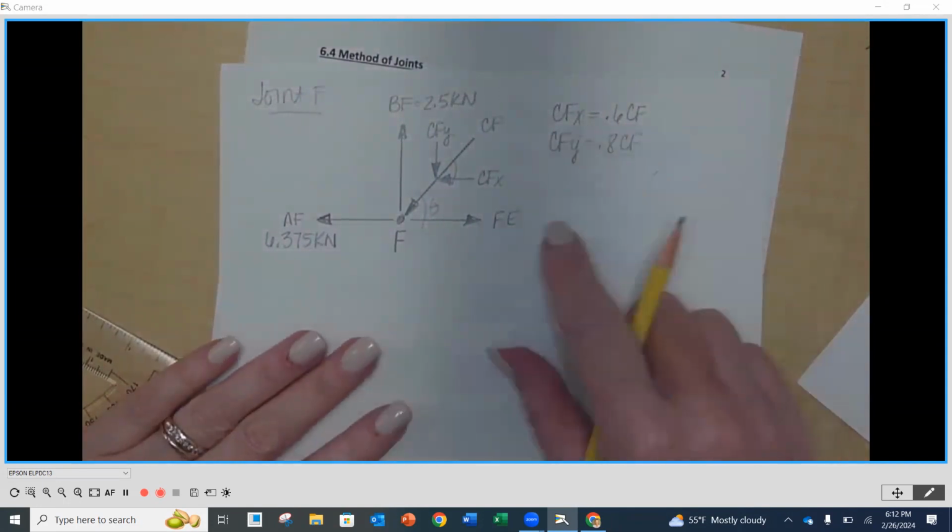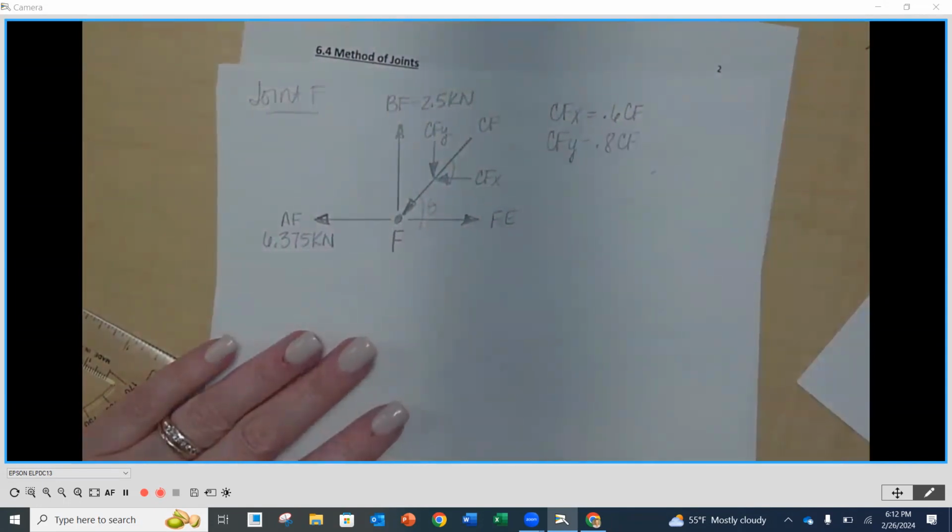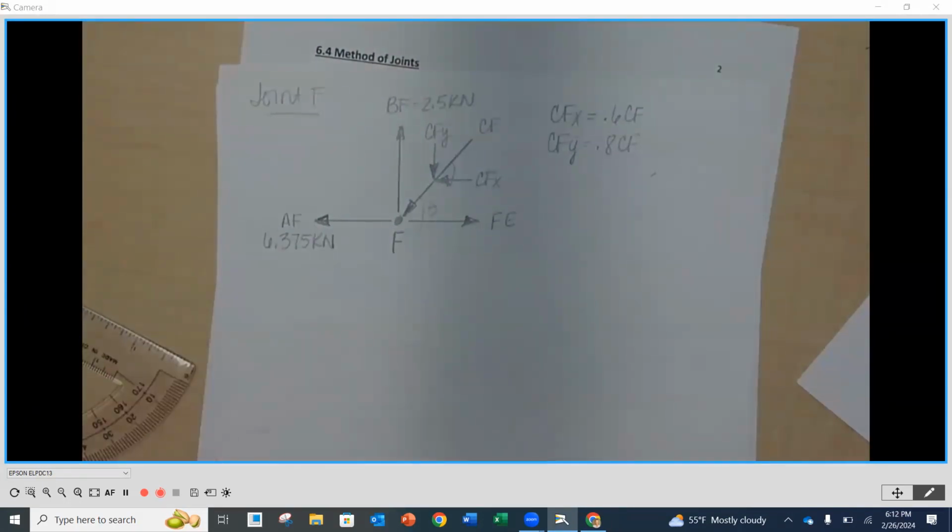Oh, no, it was the 53. We're gonna have 60 on our next one. That's why I had statics just earlier and I did this very same lecture. So it's the cosine of 53.13 is 0.6 and the sine of 53.13 is 0.8. Okay, now what do we get to do?